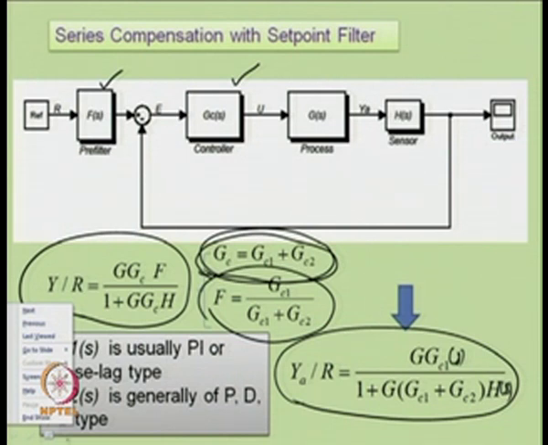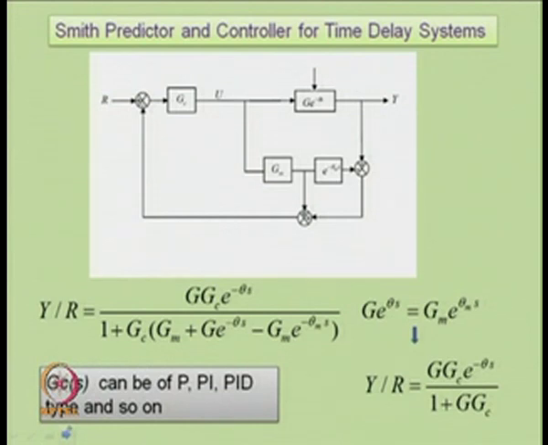Now, we shall look at another type of control structure: a Smith predictor and controller structure for time delay systems.